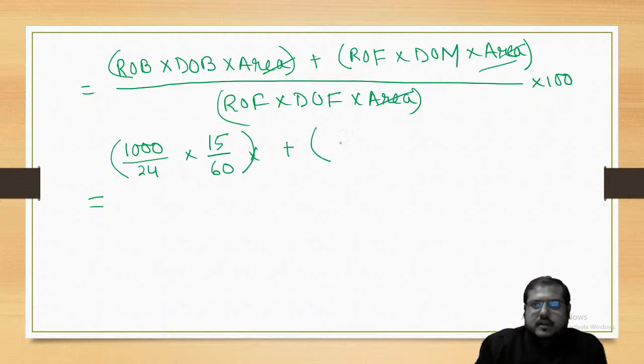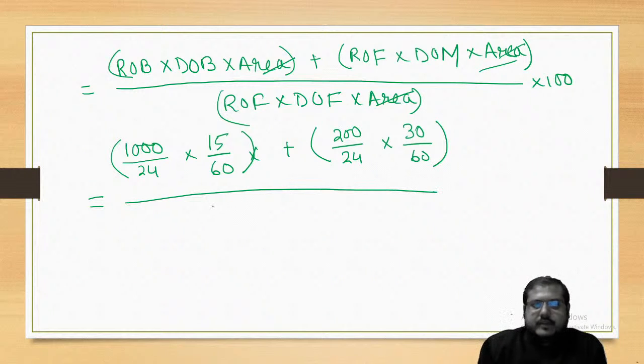Plus the rate of filtration, 200 by 24, into 30 by 60, whole divided by the rate of filtration, 200 by 24.